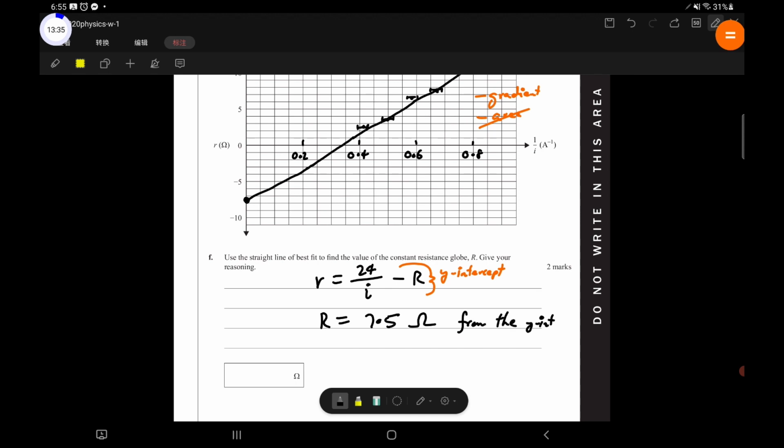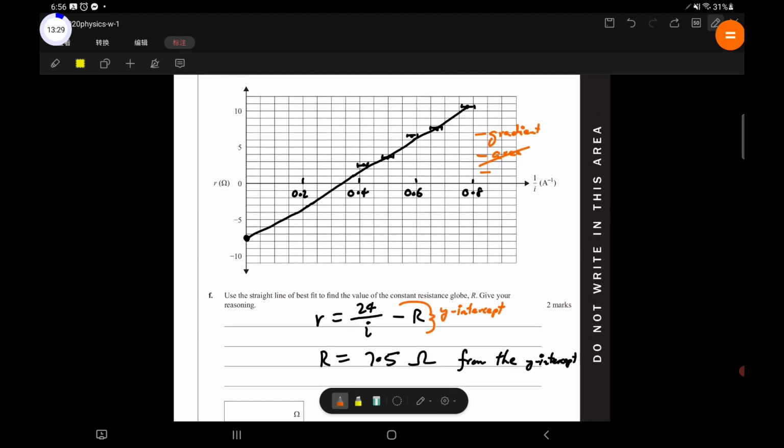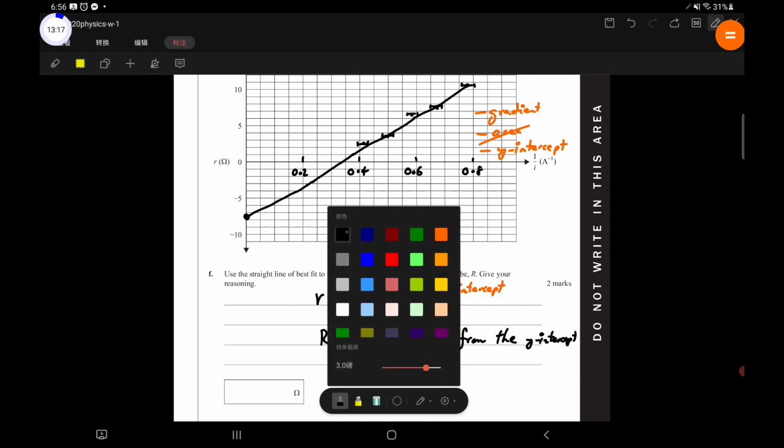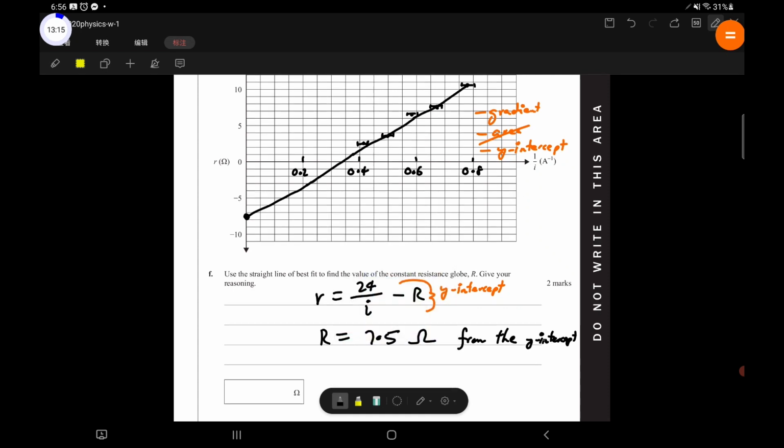So actually, I completely forgot about the third aspect of the graph that you can analyze, which is the y-intercept. Or I should just say, oh, it is the y-intercept, not the x-intercept. Yeah, that is the y-intercept. From the y-intercept.